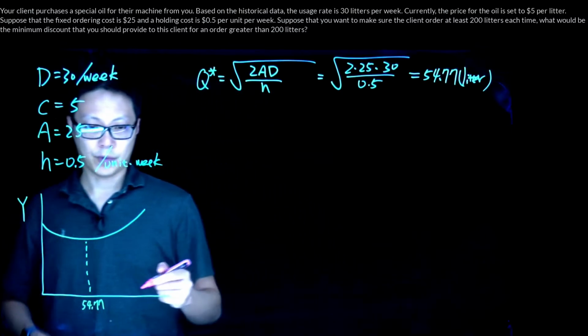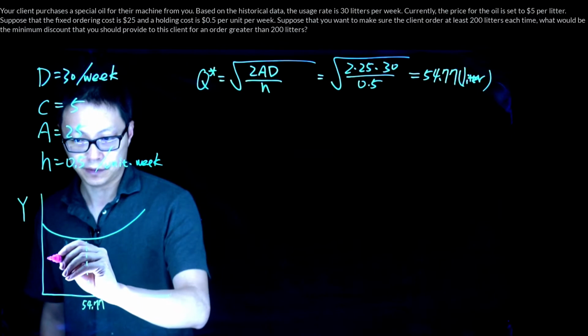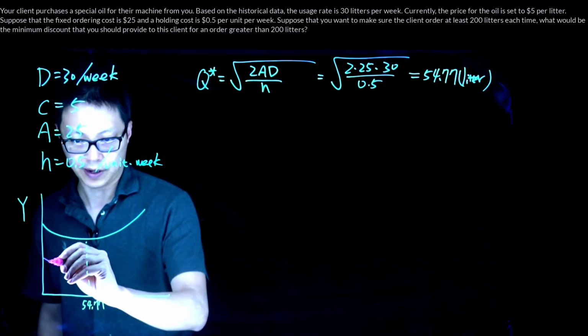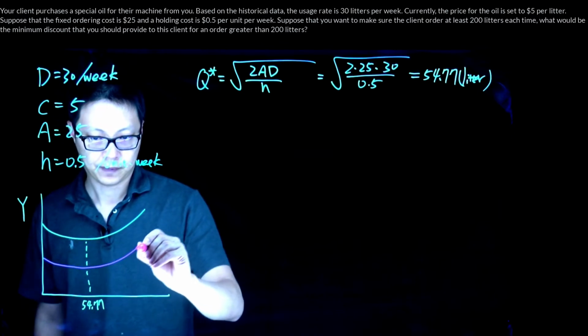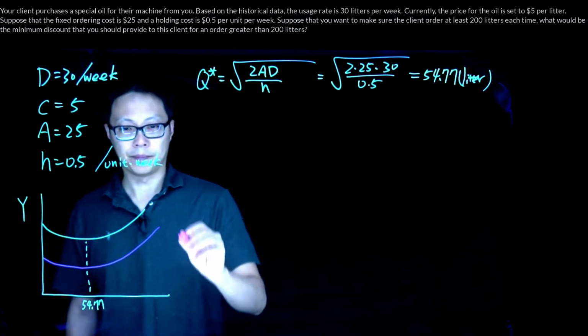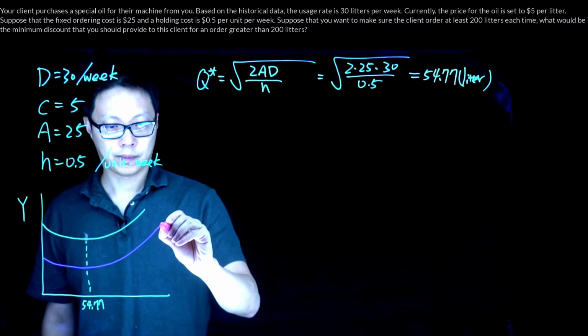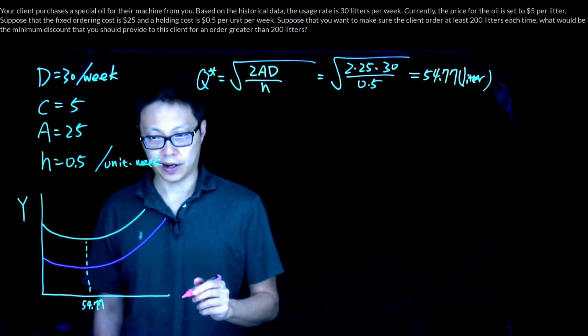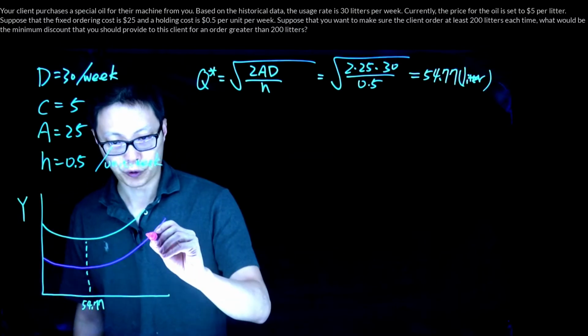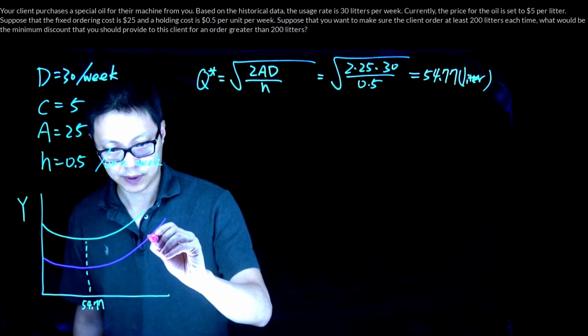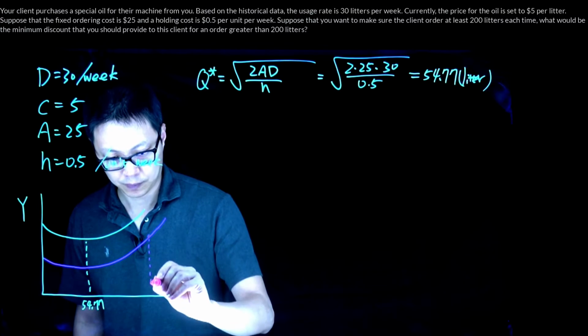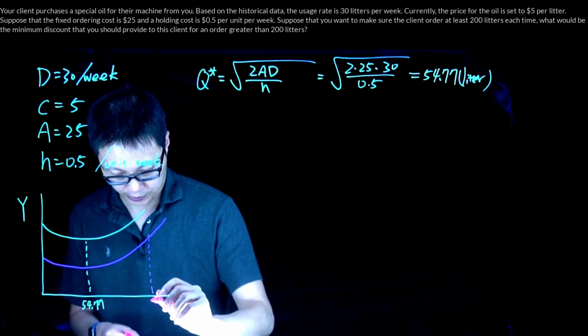But when you order with discount, this is the line. But you will be able to get this line when you order more than, say, 200 units in this case.